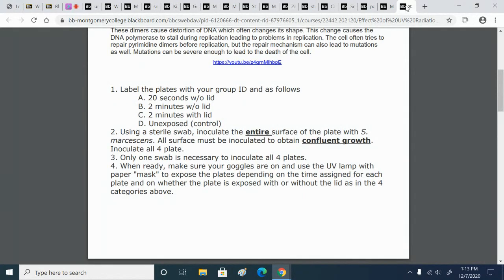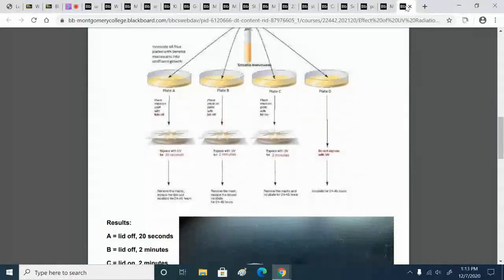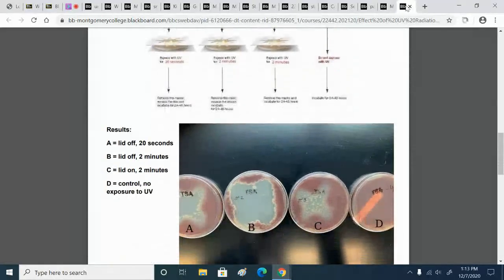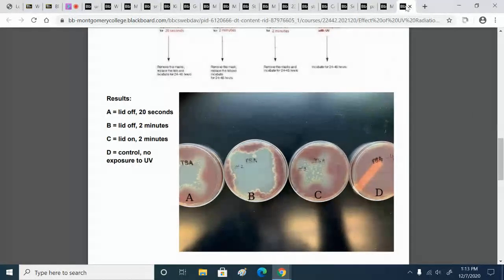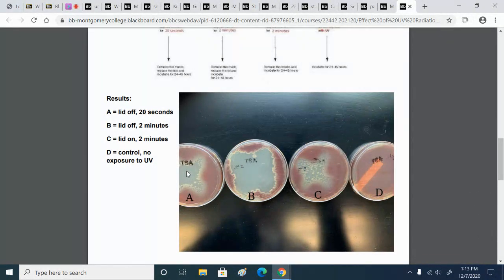And so what we observed was that even with a 20-second exposure, the UV killed the bacteria on the plate. And so we saw a design from our paper cutout. And with a 2-minute exposure, we had a lot more killing.